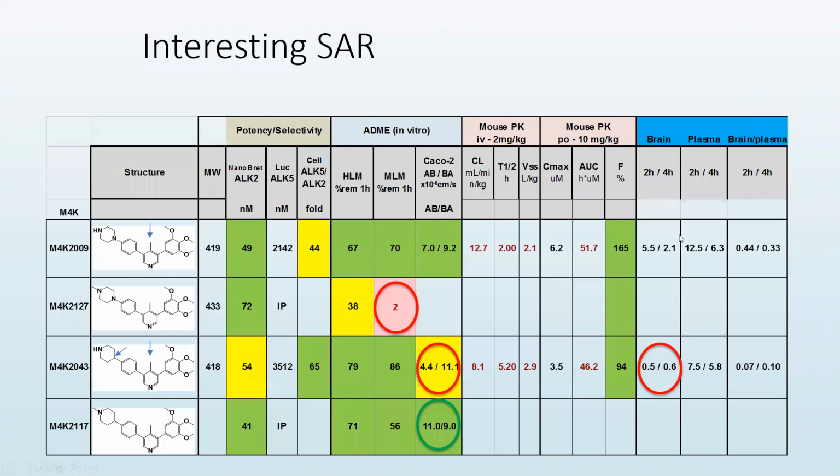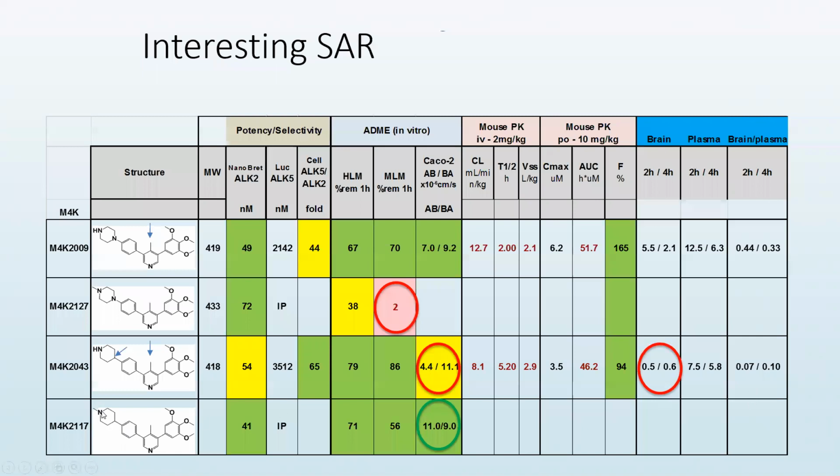However, this compound did not penetrate the brain very well. And this compound does show a moderate efflux of about 2 to 3-fold. So we thought that was an interesting result, and potentially something that we can track to look at whether or not we're going to have good brain penetration.